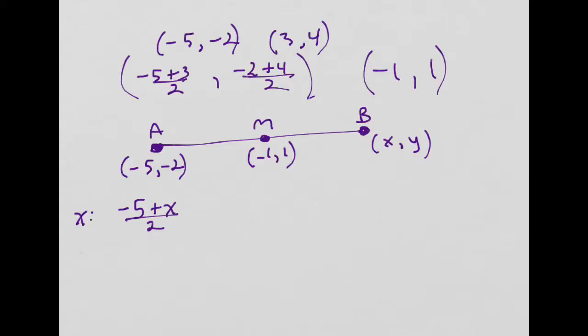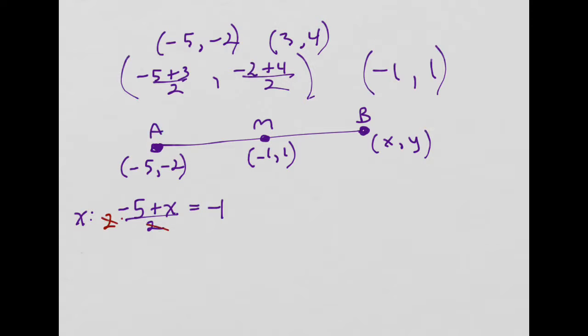What I do know, though, is that the average has to be the midpoint x value, and I'm given that right here. So the average of this and this must be this. So add them up, negative 5 plus x divided by 2 equals negative 1. So I'm going to solve for that x.